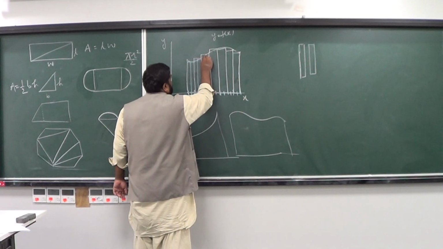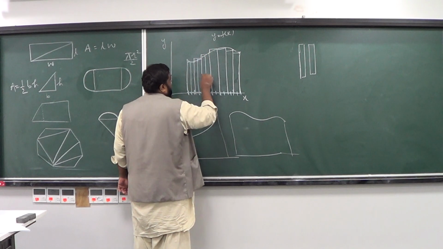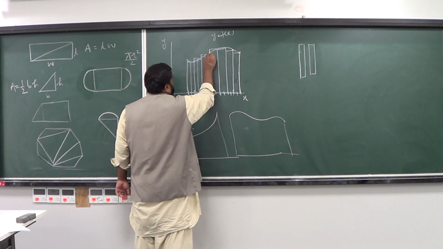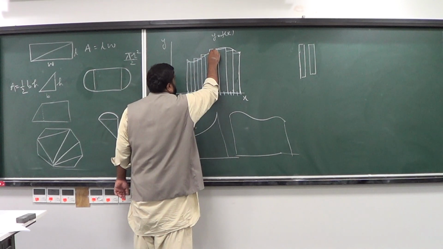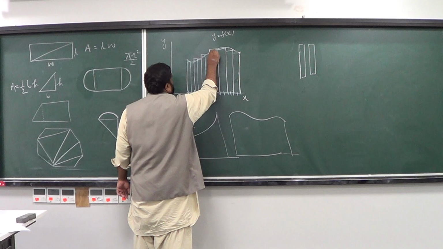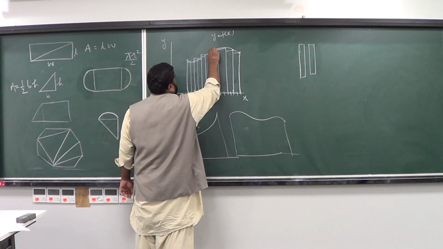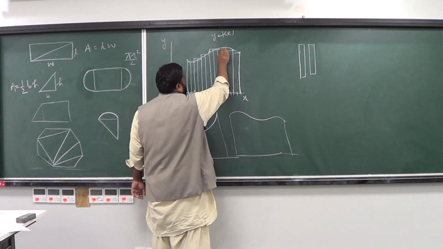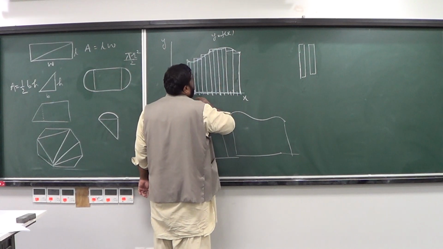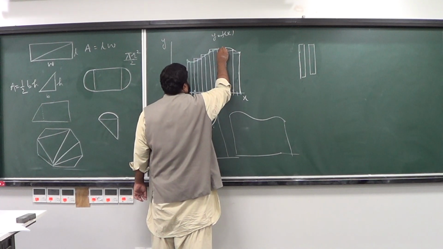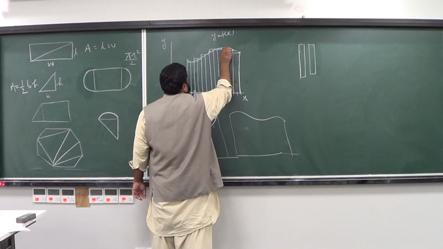Then what you can do is take the right hand point and create a rectangle, take the right hand point and create the rectangle, and so on.